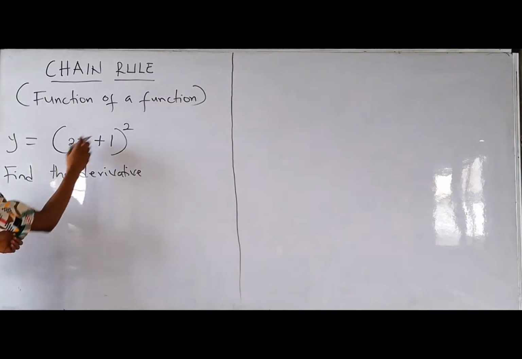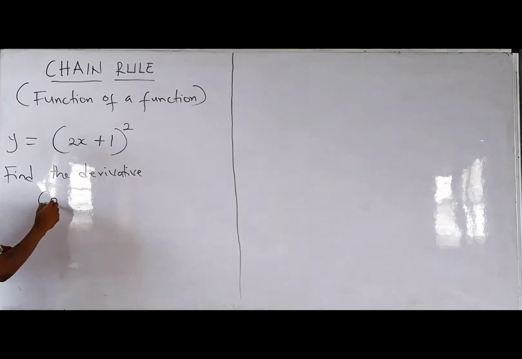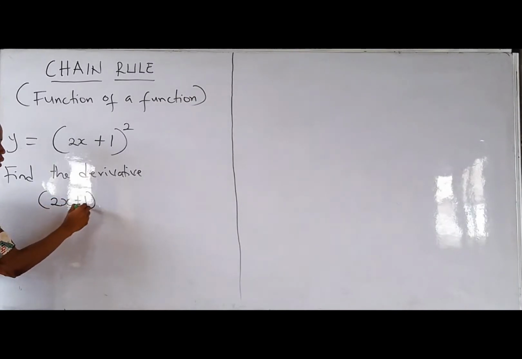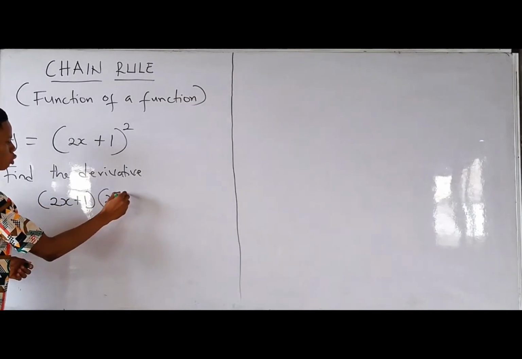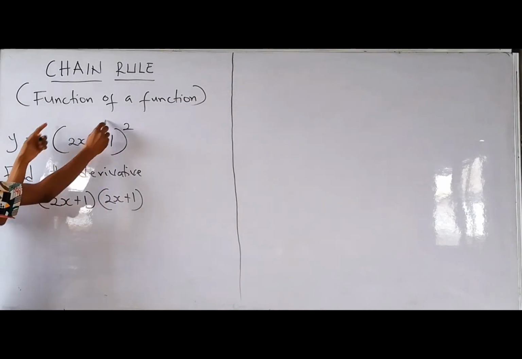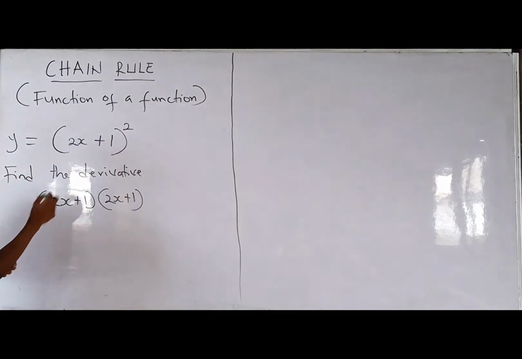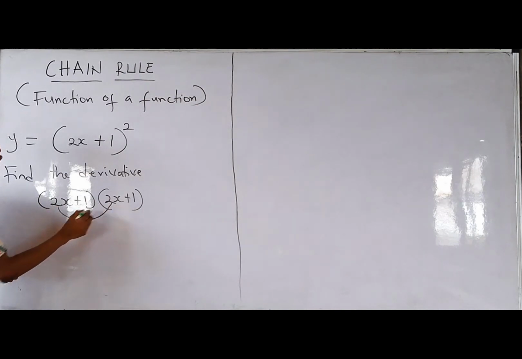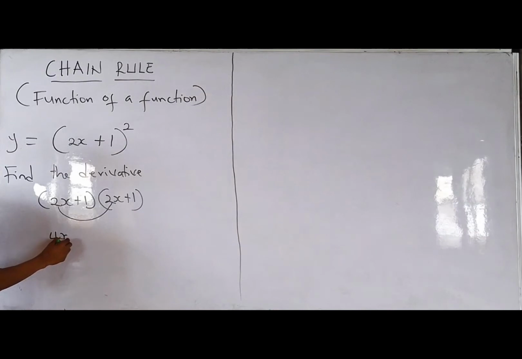What that means is you can simply work it this way: 2x plus 1, 2x plus 1. This is the meaning of this, is it not? This square means this top 2 times. Then you can expand. 2x times 2x will give me 4x squared, right? Good.